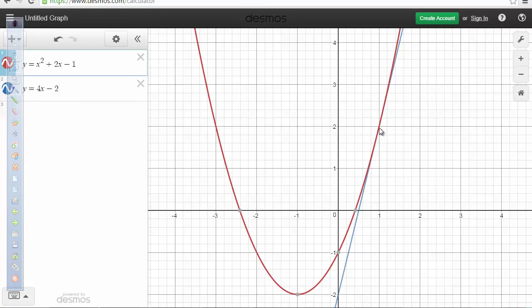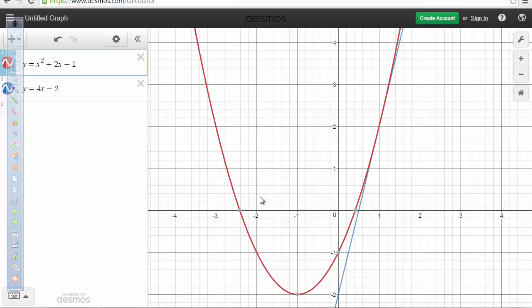So we were able to come up with a function that estimated the slope at a particular point, and we've drawn this tangent line in this particular case to show how well it estimates the slope at that particular point.